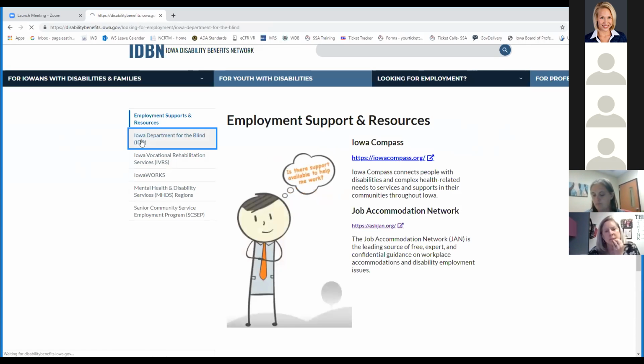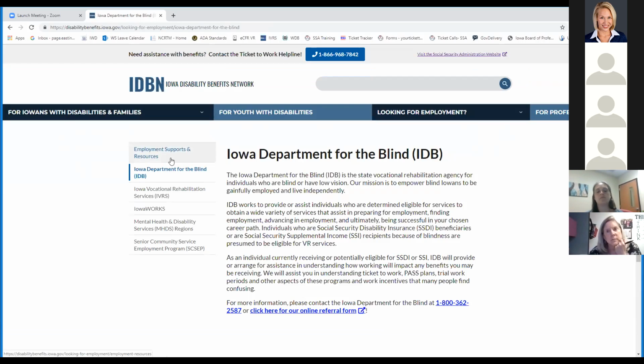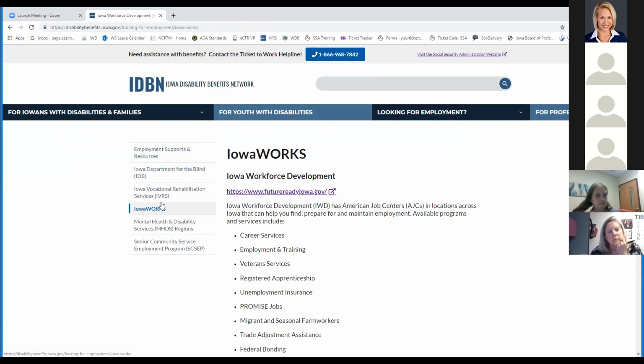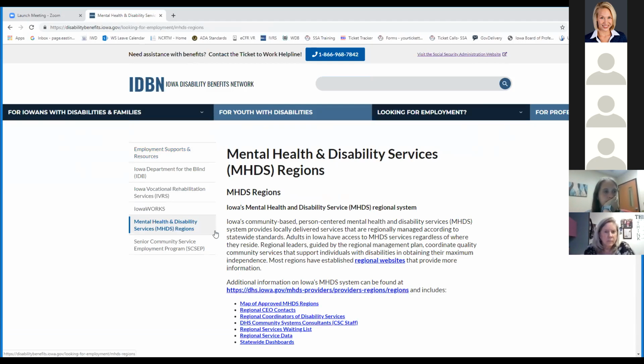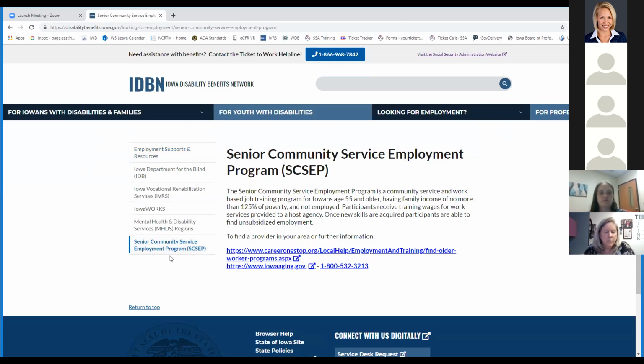And then some of the typical agencies where people might access employment supports: the Department for the Blind for individuals who are blind or have low vision, Iowa Vocational Rehabilitation Services, Iowa Works. And I think on this one, there is a link to Future Ready Iowa as well. And then information on the Mental Health and Disability Services regions, and then CSEP, which is a program for individuals 55 and older.